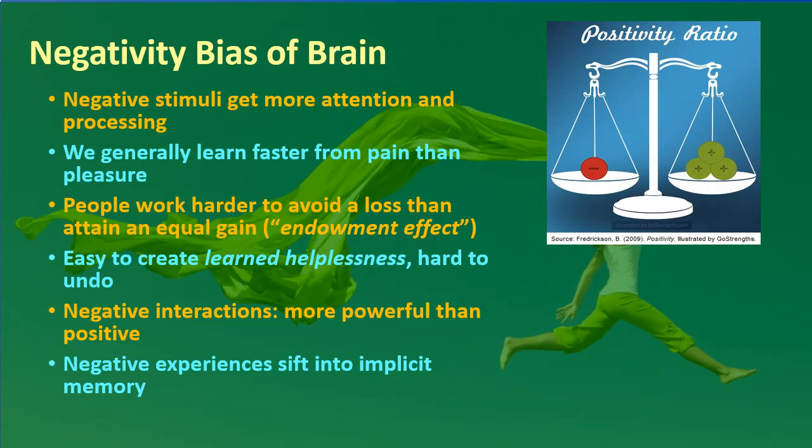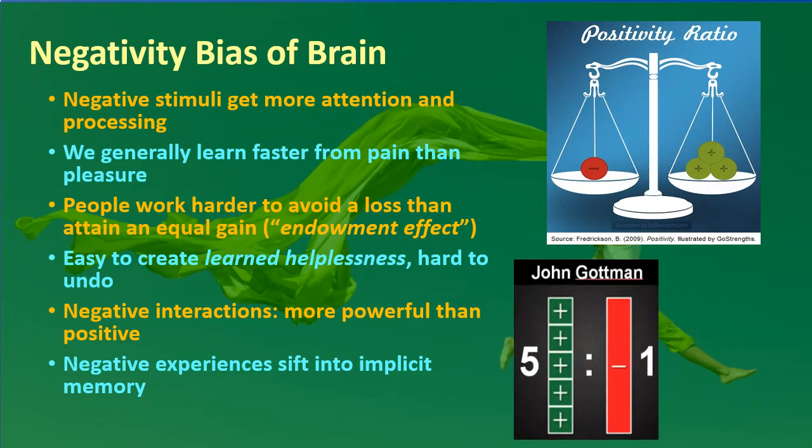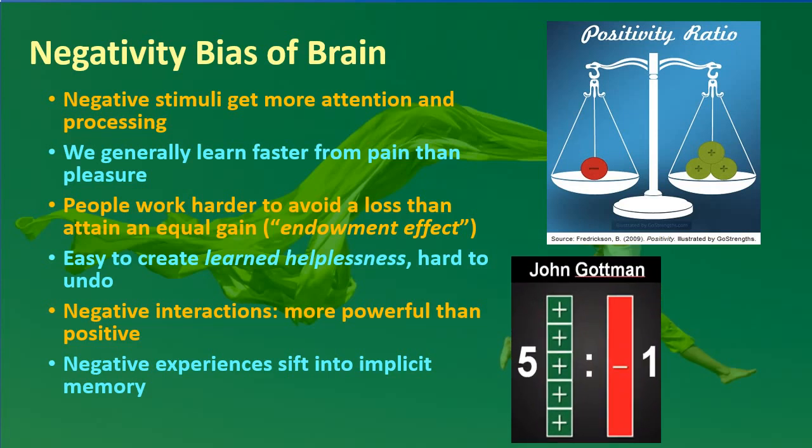Barbara Fredrickson says there's a positivity ratio: you have to have 3 positive impacts to overcome 1 negative impact. John Gottman, who does a lot of work with couples, says in a relationship you have to have 5 positive inputs to overcome 1 negative input.